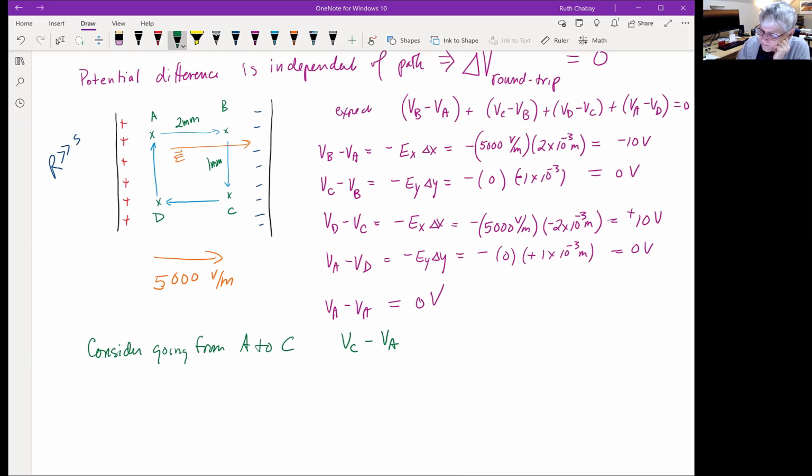If we go from A to B to C, we get delta V is negative 10 volts plus 0, which is negative 10 volts, right? So if we take this path and we go A to B and B to C, we get negative 10 volts.